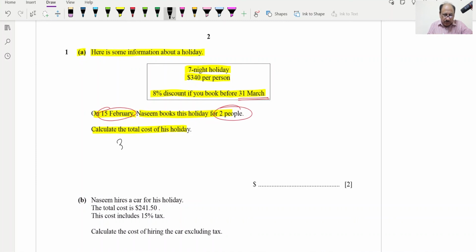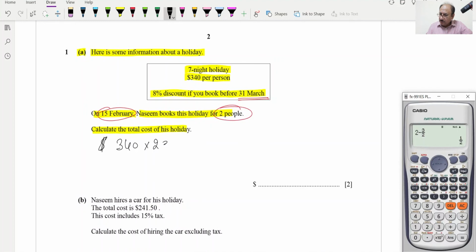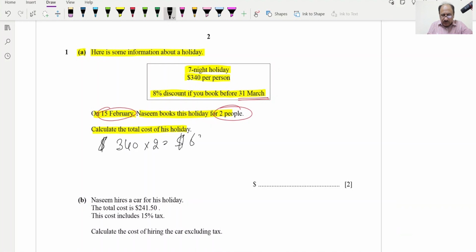So $340 for two people, normally it should cost 340 multiplied by 2, which is $680. But an 8% discount is applicable. So we will calculate (100 minus 8) over 100, for a discount we are taking minus, and this will be multiplied by 680.